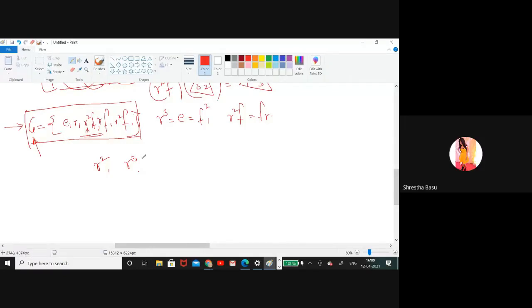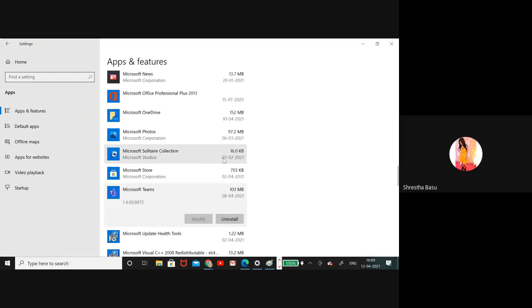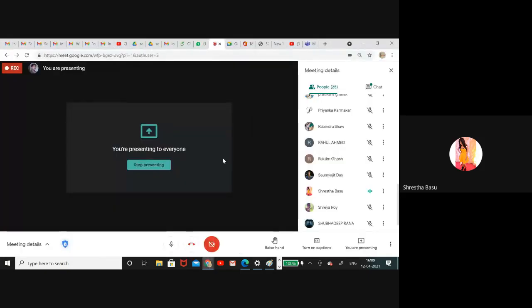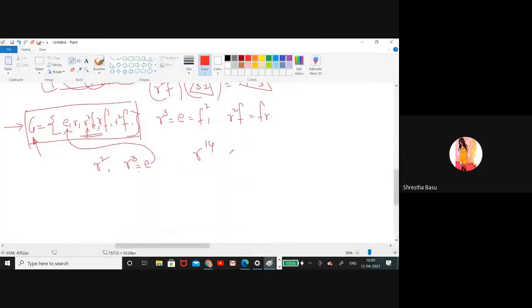Yes, r cube is also there because r cube is e. If I ask whether r to the power 14 is here, why? We can do it like r cube, then r to the power 6 equals e, and like that we can find what r to the power 14 is. So what is r to the power 14? R square, certainly, because r to the power 12 is e and then it becomes r square.